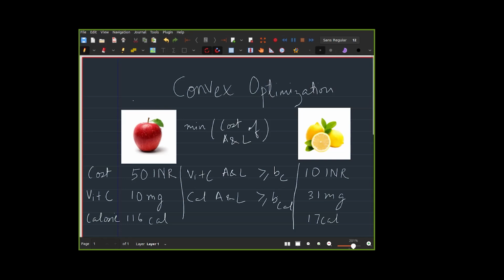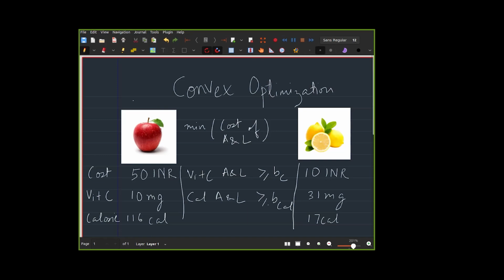So that's the main idea, that we are trying to solve an optimization problem where I'm trying to find out the number of apples and lemons I should consume so that my total vitamin C consumption is beyond a budget, and my total calorie consumption is also beyond a certain budget.